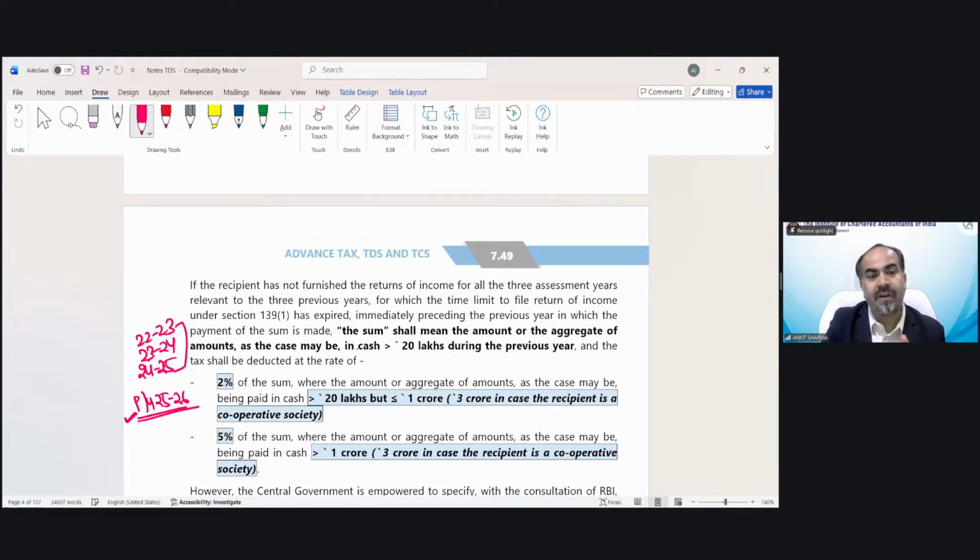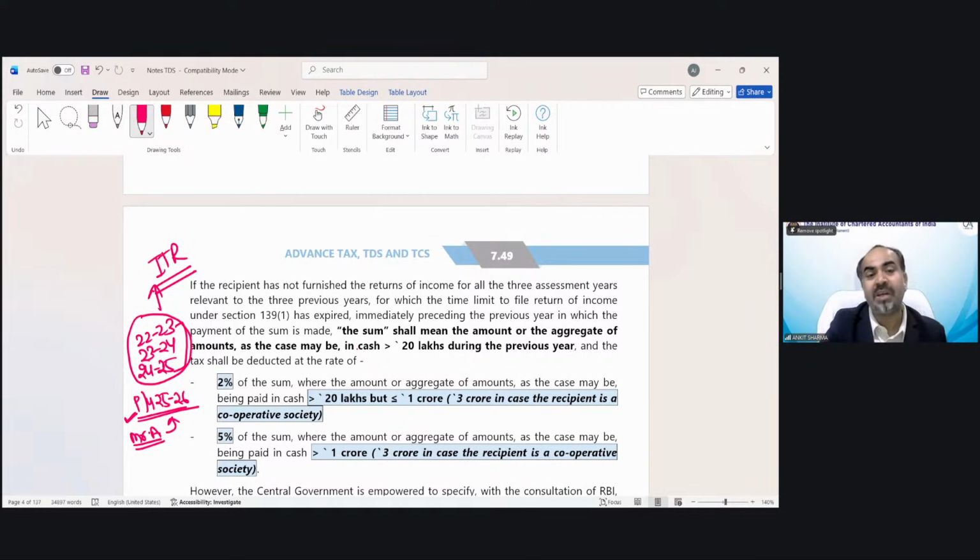Suppose Mr. A is withdrawing the amount in previous year 25-26. So he must have filed the income tax returns of all 3 preceding previous years. This is a very interesting concept that has been introduced: for the person who is withdrawing the amount from the bank, we have to see whether he has filed his last 3 preceding previous years' income tax returns at the specified date or not.